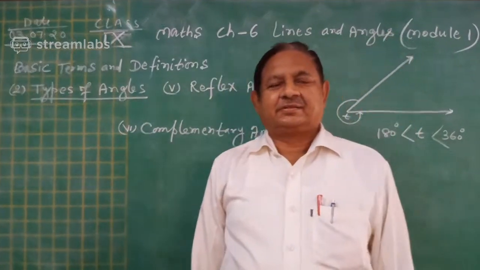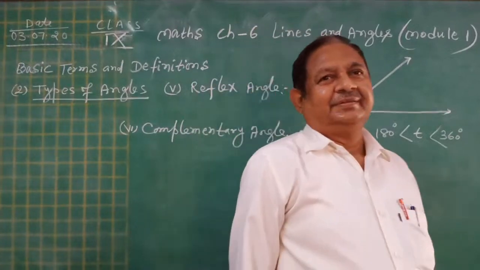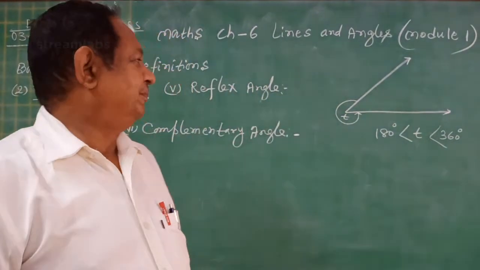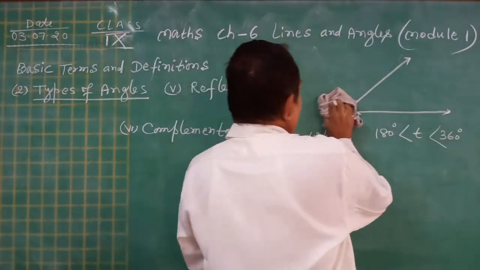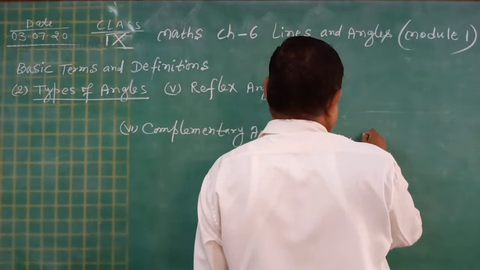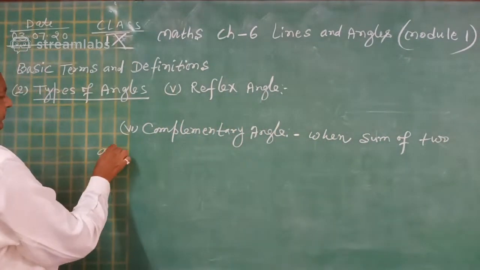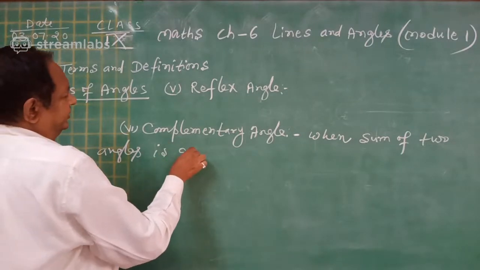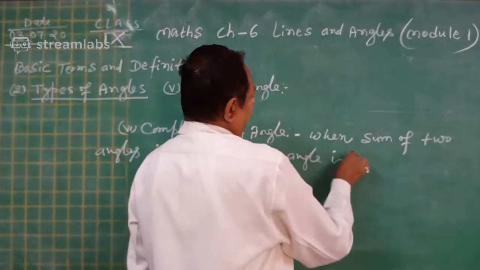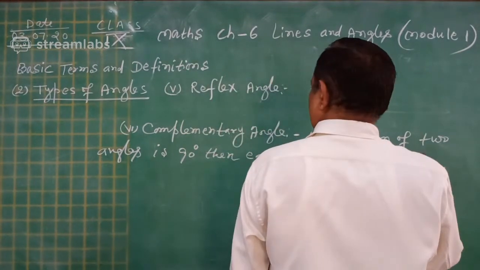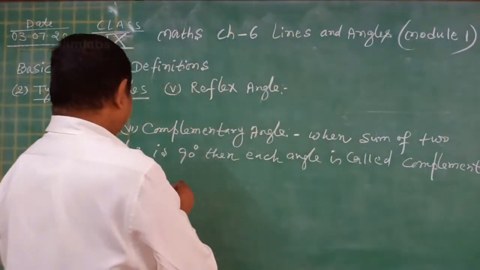When the sum of two angles is equal to 90 degree, then each angle is called complementary to each other.